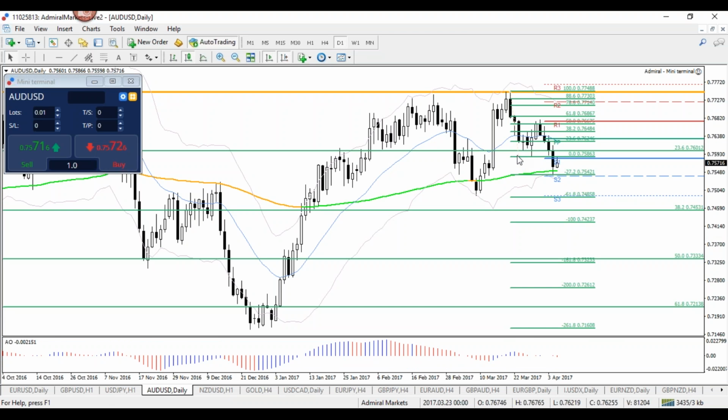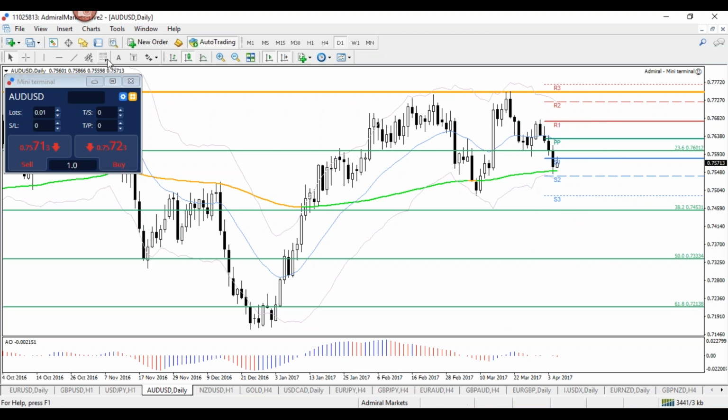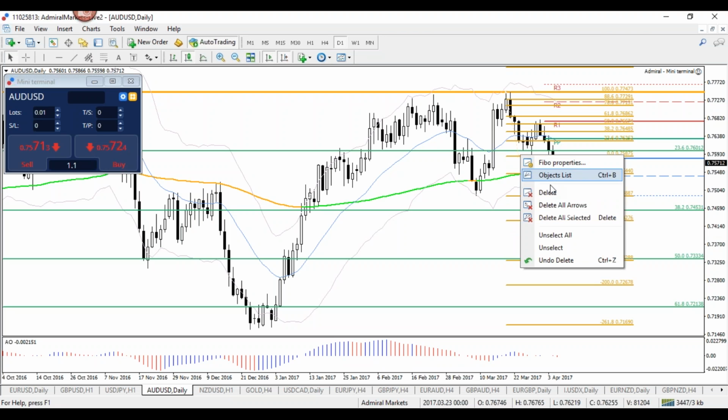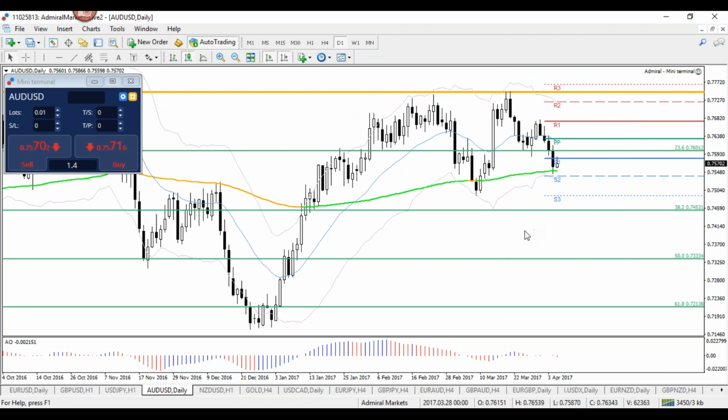Let's take a look at the Aussie, for instance. Alrighty. So this was, again, an attempt to break, but failed. Rushing down now, and we're attempting to test this support right in here.